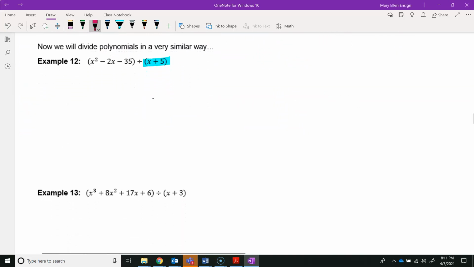Okay, so in this example, again, the first number, the dividend, is what goes inside my long division sign, and my divisor is what goes outside my division sign. So the first step again is to divide, to see how many times something goes into something else, but we're only using our first term in each polynomial. Okay, so I'm not looking at the whole thing, I'm just looking at that first term.